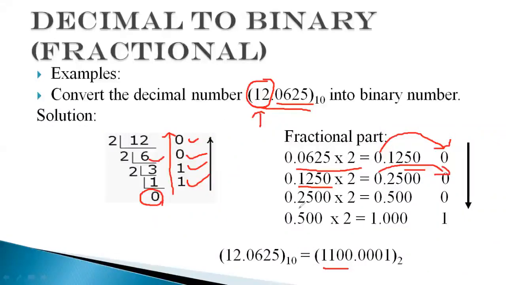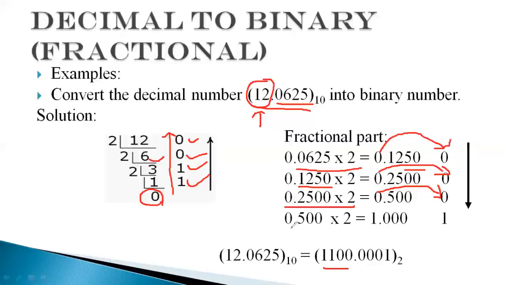The new number is again 0.2500. Multiply the number by 2. Extract the number written before the decimal point. When I am telling you extract, that means subtract. Although if we subtract 0 from 0.0 we get 0, 0 is still there as the resultant value.